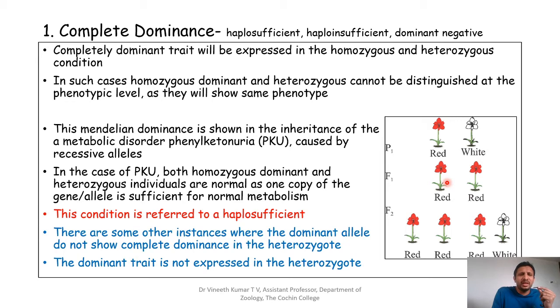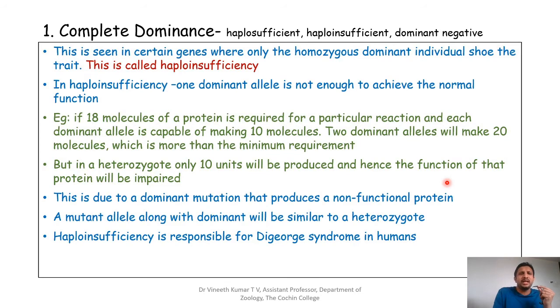The dominant trait is not expressed by the heterozygote. And usually it is seen that in such type of conditions where you do not have the homozygous dominant individual which shows the particular trait, this particular situation is called haploinsufficiency, which is just opposite to haplosufficient.